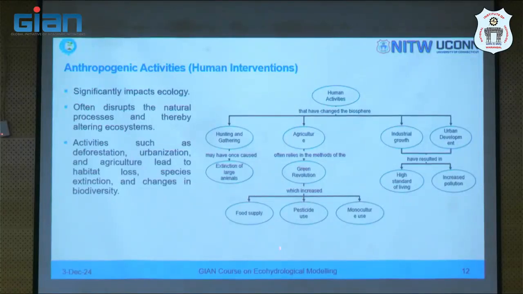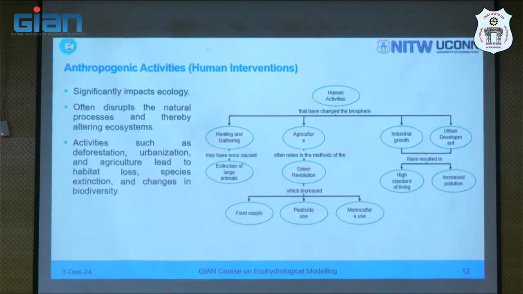It provided us enough food, but because there was a need to increase agricultural production substantially, the use of pesticides and fertilizers increased quite a bit, and the nature of agriculture shifted to monoculture, one particular crop, right?